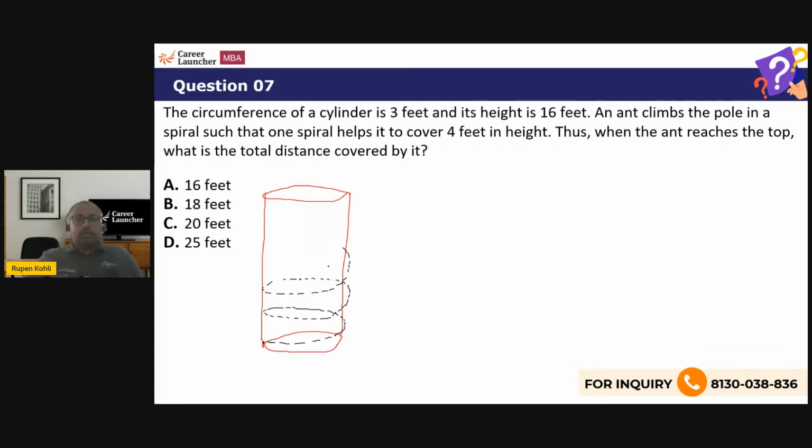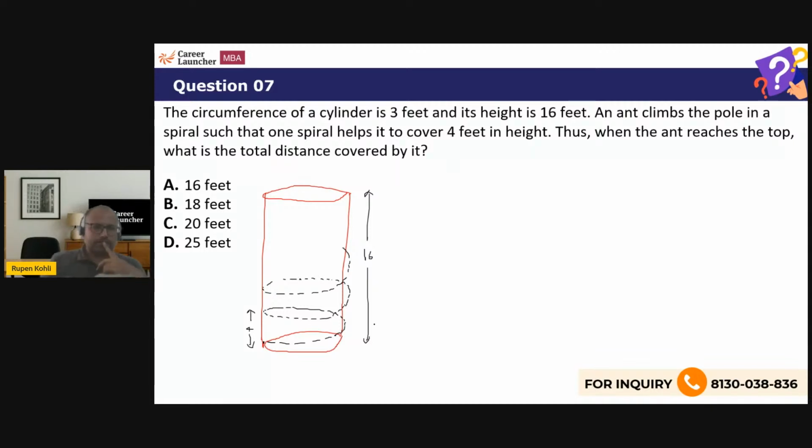Why four? Because it covers 4 feet in height with one spiral. So one such spiral is 4 feet, and the total height is 16. So four such spirals will help it to reach the top. Thus, when the ant reaches the top, what is the total distance covered by it?